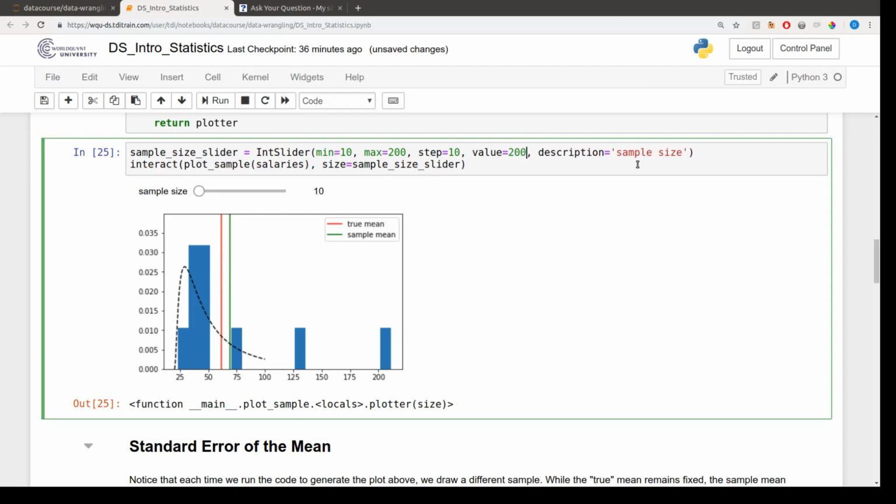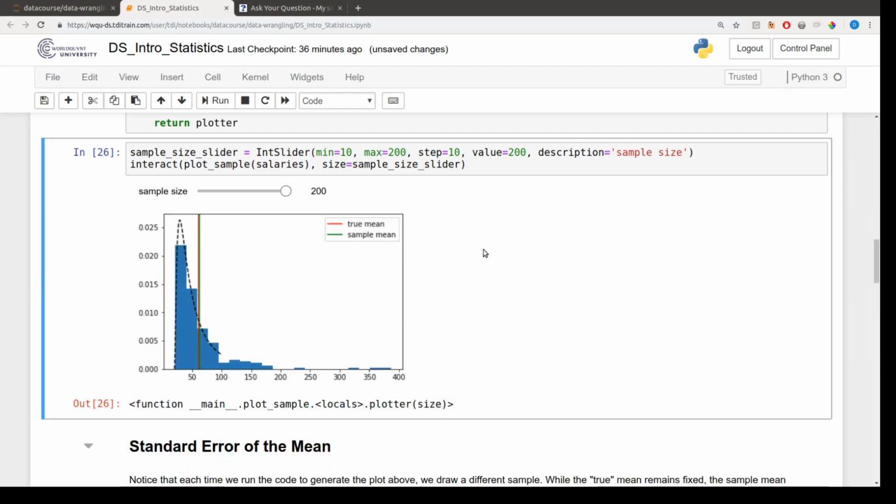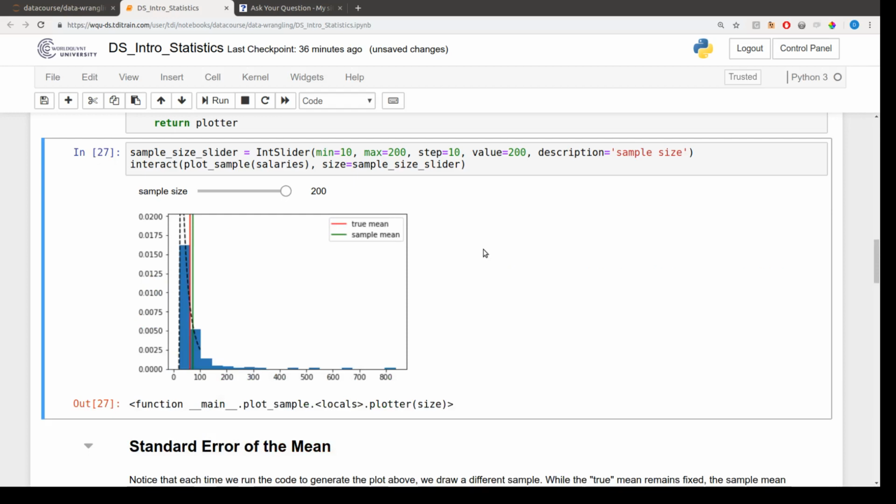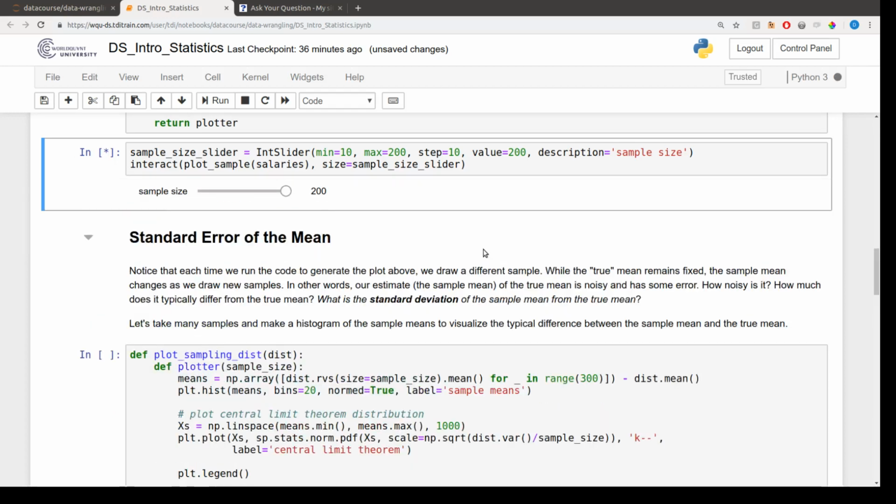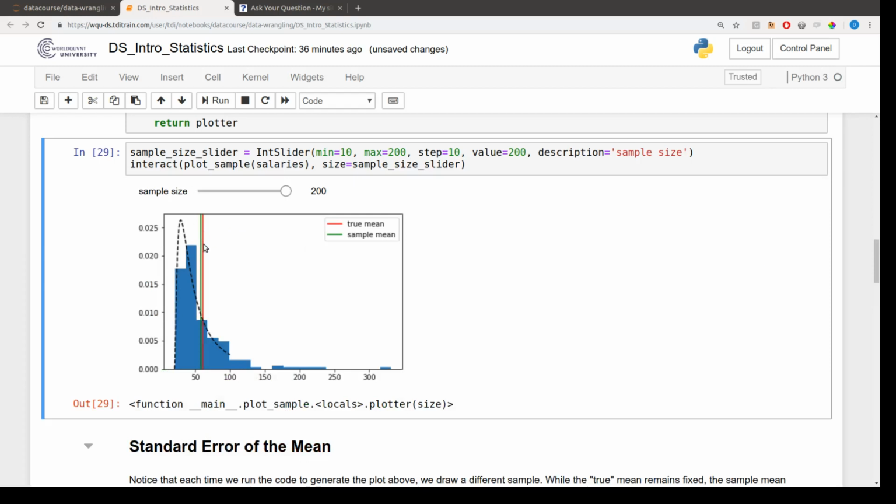But when we had samples of about 200 salaries, the difference between the sample mean and the true mean tended to be pretty small. It's hard to judge visually here, but it's maybe only a couple $1,000s each time we draw a sample.